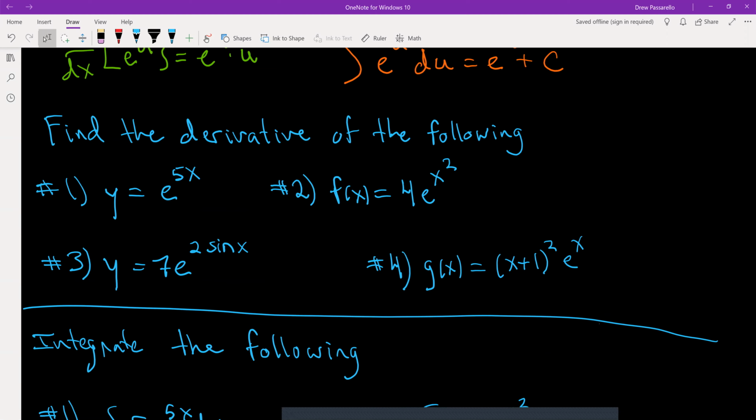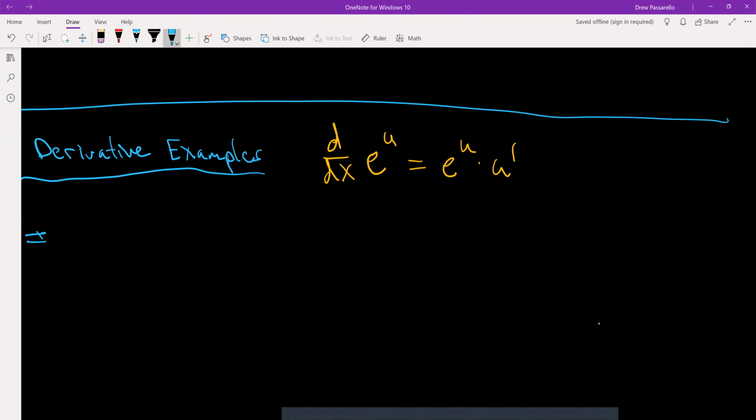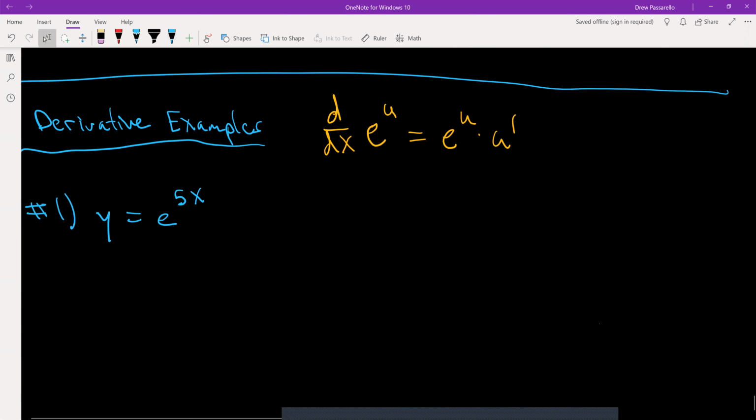So it's y equals e to the 5x. So our exponential portion is 5x, so u is equal to 5x. Then the derivative u prime is going to be 5, because that's 5 times 1, the derivative of x is 1.